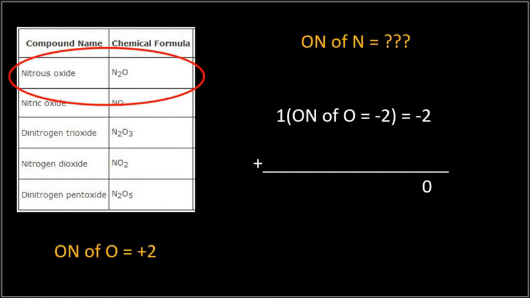Not too complicated. Nitrogen, we know, has to also equal a +2 so that we end up with 0. And we know from the formula that there are 2 nitrogens. So again, we have 2 of them. We need a +2. Therefore, the answer is a +1. And we can tell that in this case, the oxidation number of nitrogen was +1.